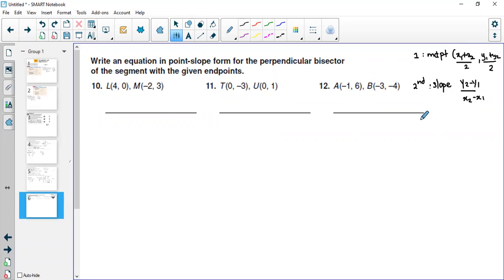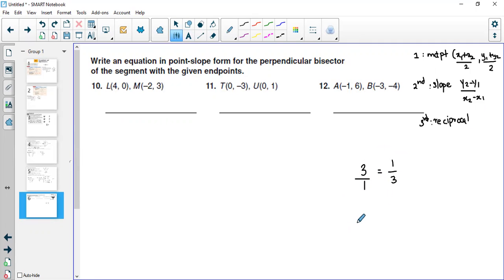Then third, you will write the reciprocal. Reciprocal means the upside down. So for example, if the slope was 3, the reciprocal becomes 1 over 3. How did it become 1 over 3? Because this is written as 3 over 1, so it goes up and down.